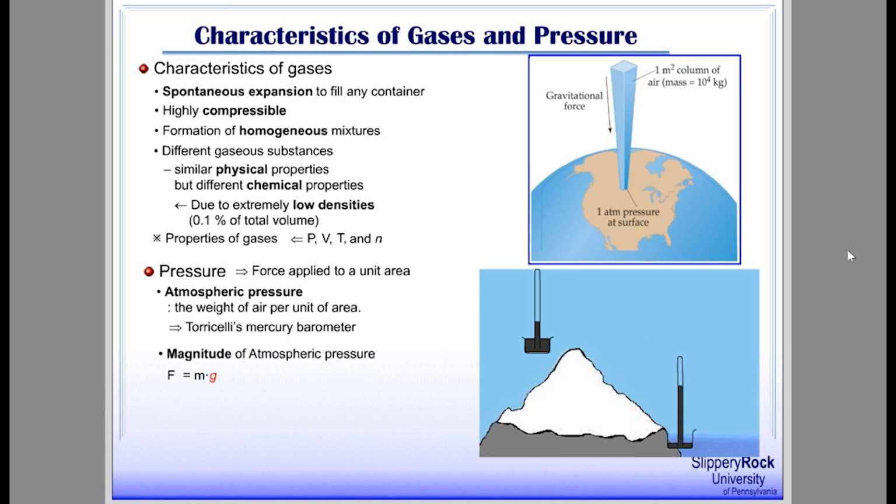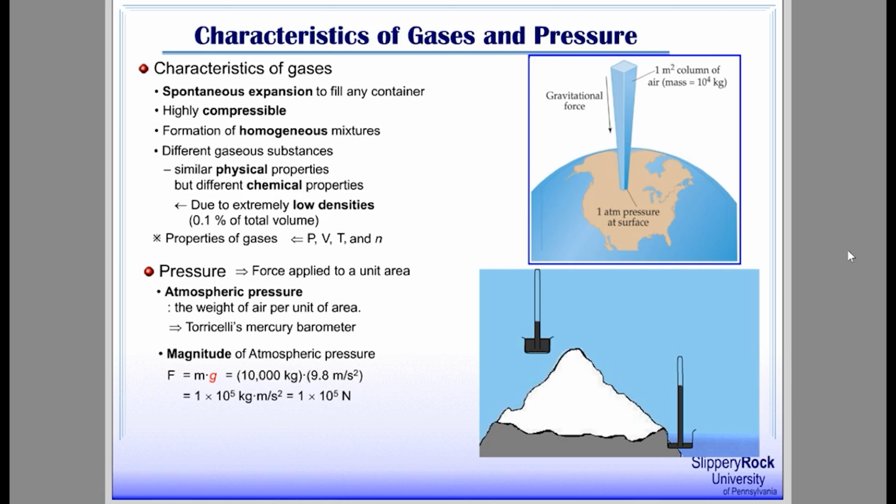The force is 10,000 kilograms times 9.8 meters per second squared, which is equal to 1 times 10 to the 5th kilograms meters per second squared, or 1 times 10 to the 5th newtons.